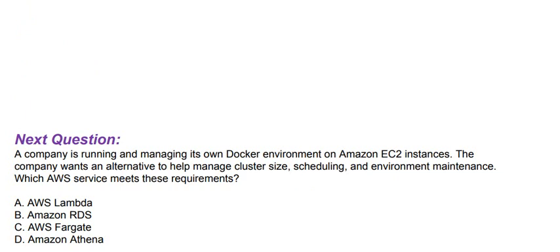Option A, AWS Lambda. Option B, Amazon RDS. Option C, AWS Fargate. And option D, Amazon Athena. The correct answer is option C.